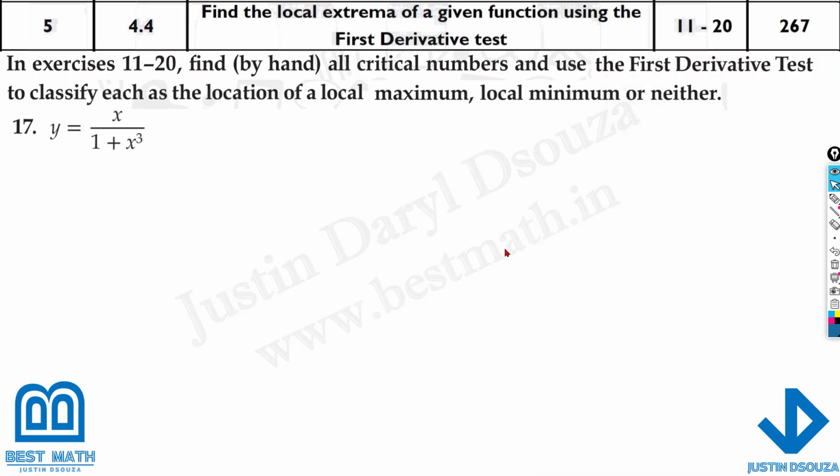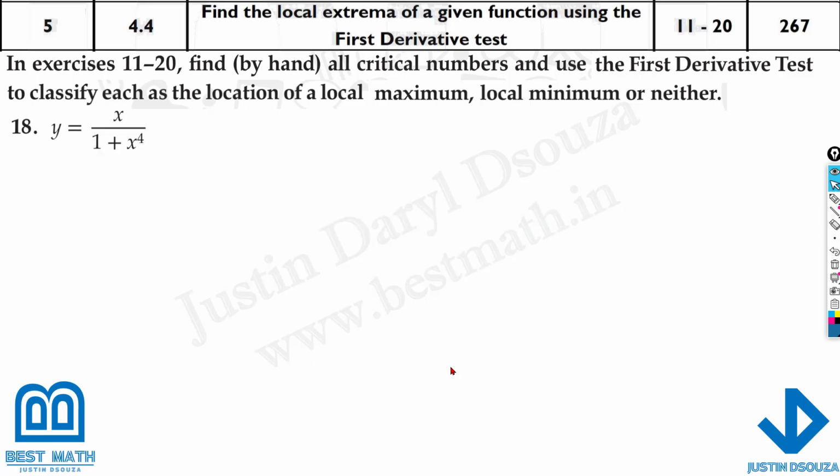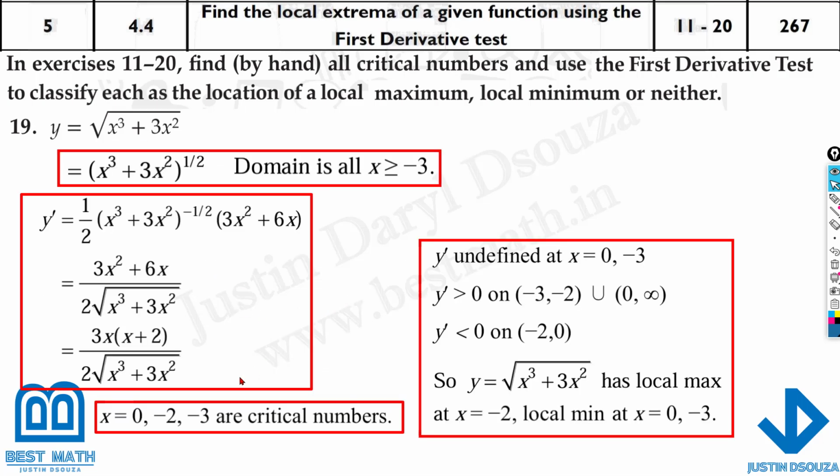Similarly, please do try these other problems. Just put in the calculator and you can look into the options and then check which is the correct answer. So here as well, there are local minimum and maximum. And even if it is not a whole number, doesn't matter. You just have to manipulate the step value.